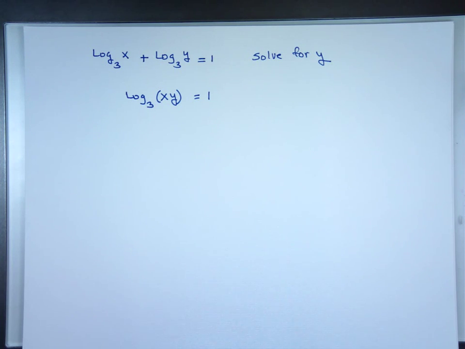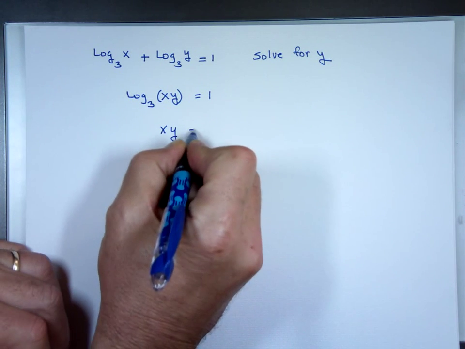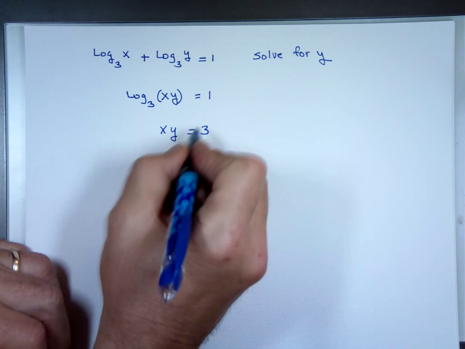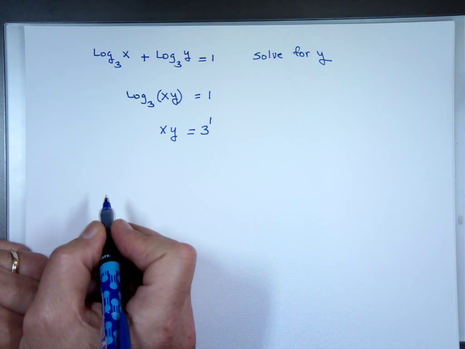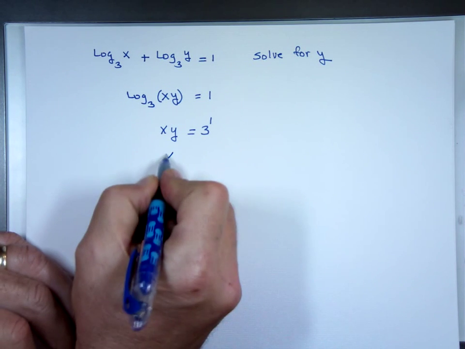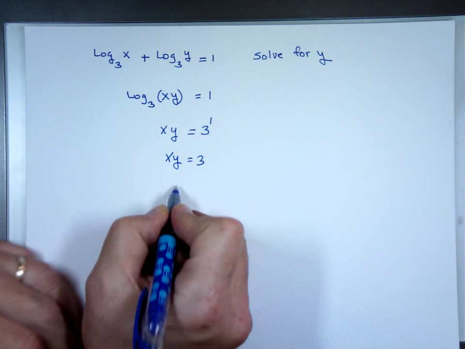Rule number 3 says I should be able to rewrite that problem as the number, in this case xy, equals the base, which is 3, raised to the answer, which is 1. That's how you cancel the log. xy equals 3. Can you solve for y now? Isn't that 3 over x?